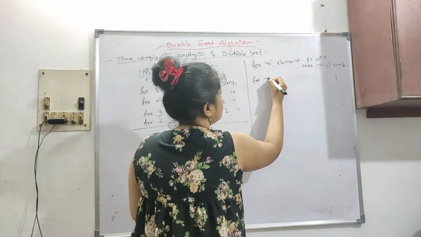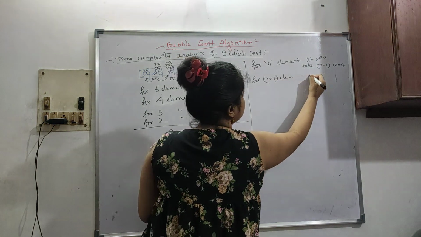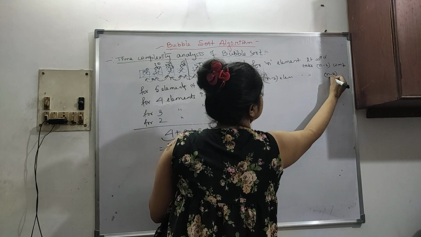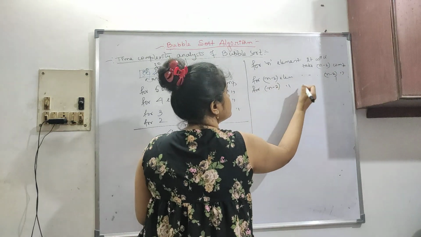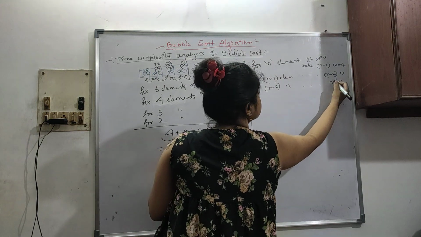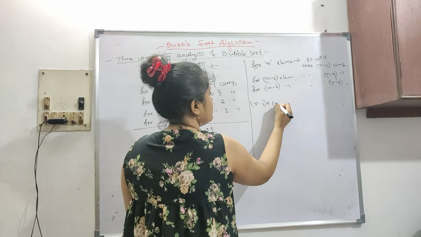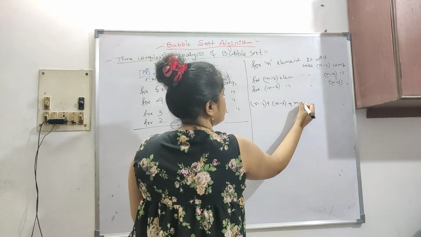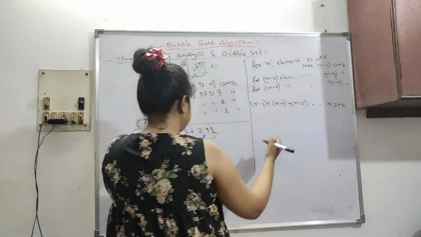For n minus 1 elements, it will take n minus 2 comparisons. For n minus 2 elements, it will take n minus 3 comparisons, like this. So n minus 1 plus n minus 2 plus n minus 3, dot dot, 2 plus 1.